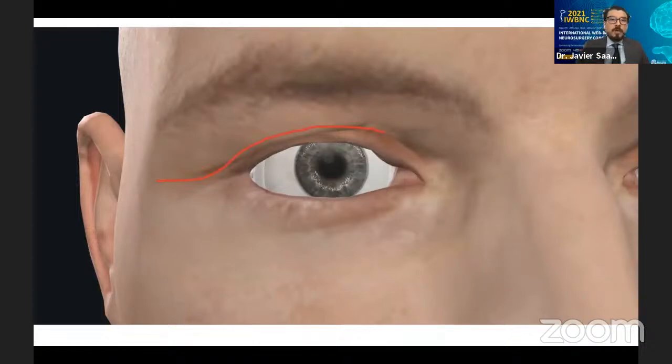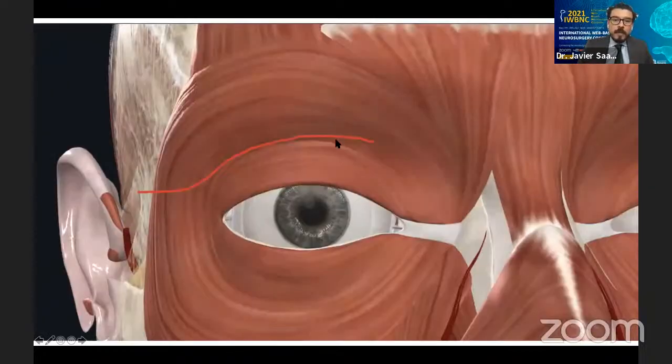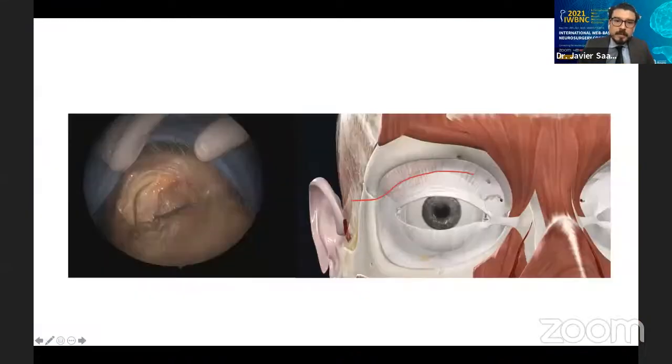So let's perform a superior eyelid approach. You will make an incision just over a crease on the superior eyelid, and then extend this incision 1 centimeter laterally. Then you'll find the periorbicularis muscle. You will dissect it, as you can see here.